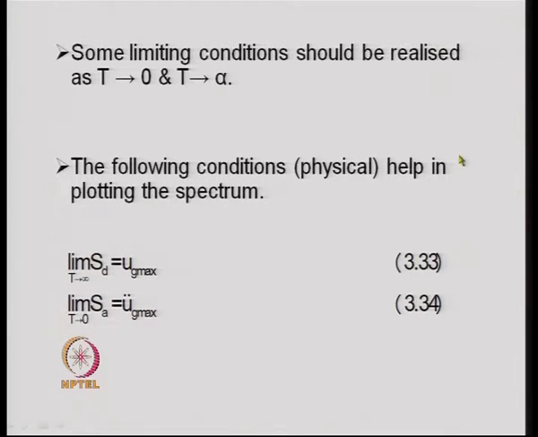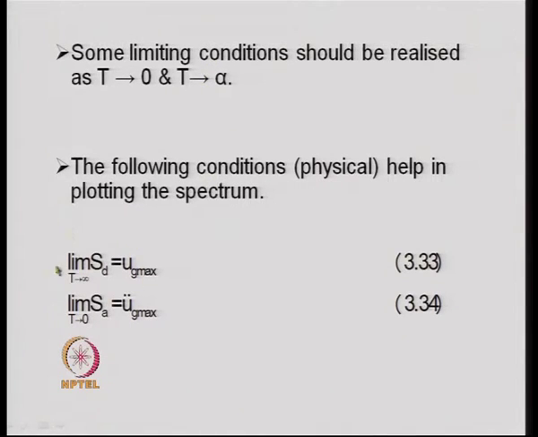Now, while plotting all the three response spectrums in this particular graph paper, which is known as a tripartite plot, we need some limiting conditions in order to define the spectrum. So, these limiting conditions are obtained by setting T tending to 0 in one case and in other case T tending to infinity.